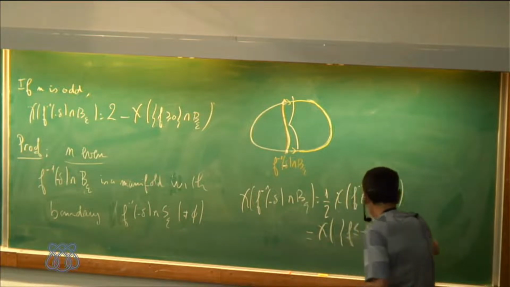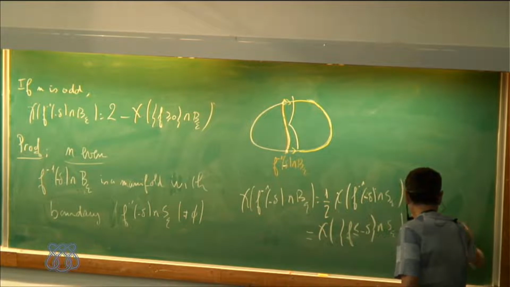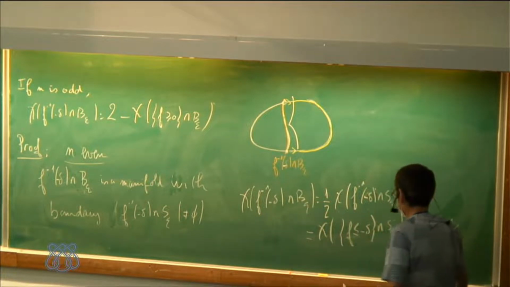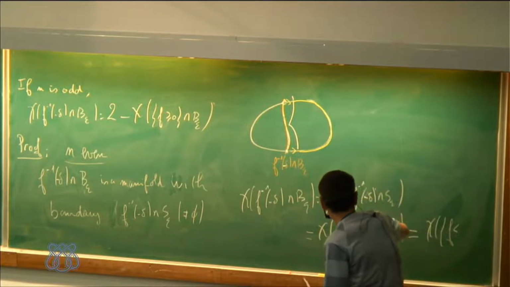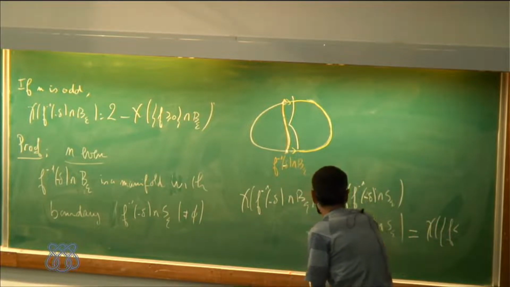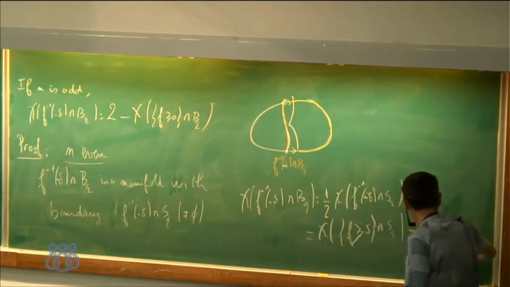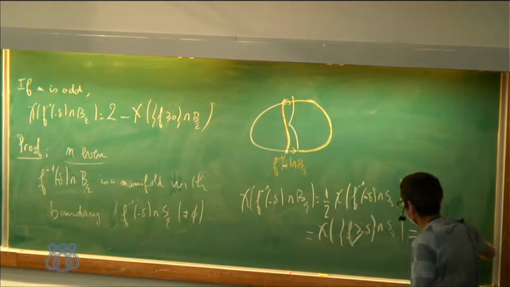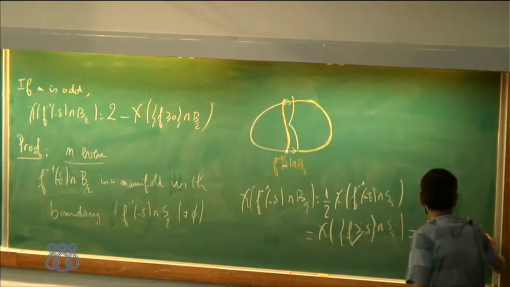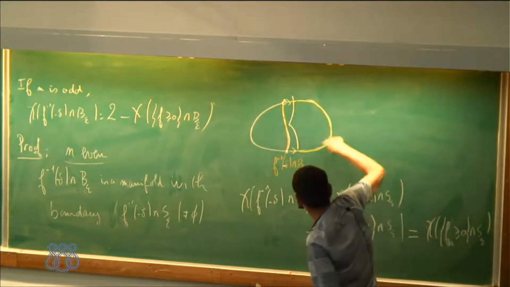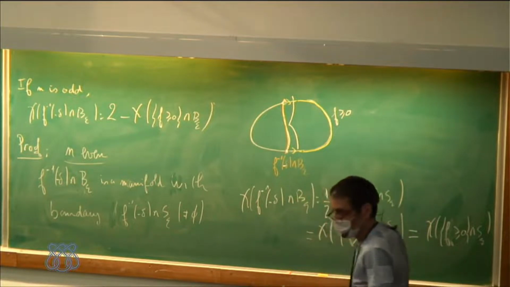So this is by retraction. No, I was wrong. I have to put this greater than minus delta, and this retracts to f greater than 0. This is the part f greater than 0. Okay. So this is a proof.